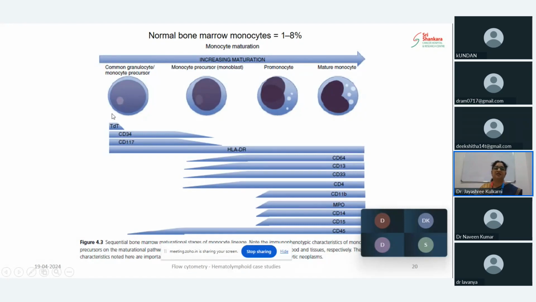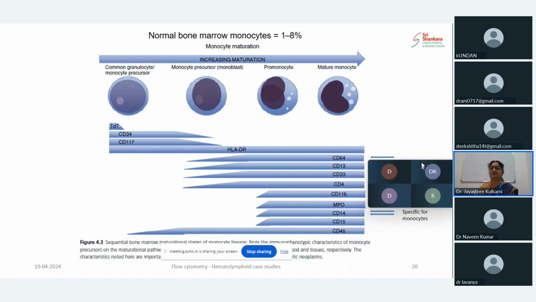Again, TdT, CD34, CD117, they are your immaturity markers. Whereas for monocytes, what you need to remember is HLA-DR is strong and positive throughout. It is a very important marker for your monocytes. As the cells start maturing, then you get your CD14, 64, and 4. These are your important monocyte markers.